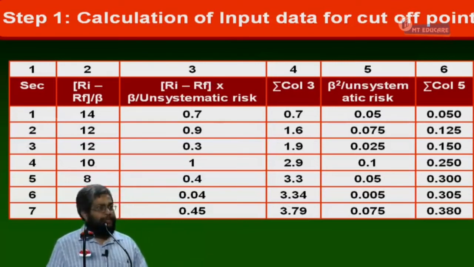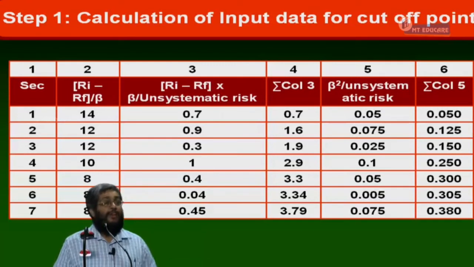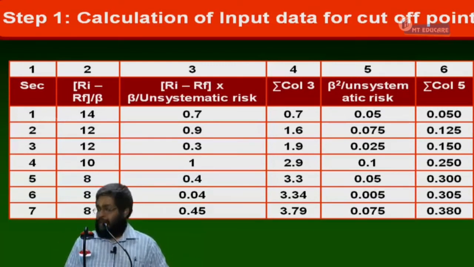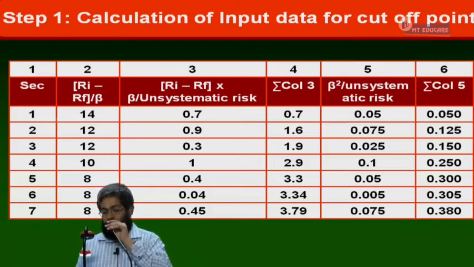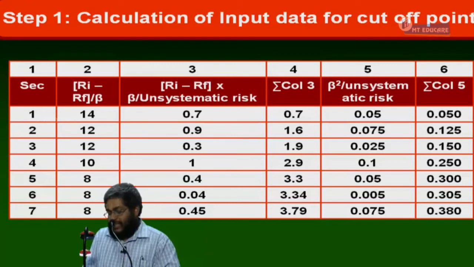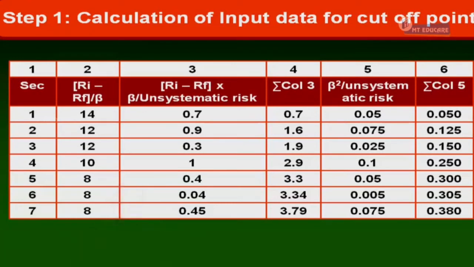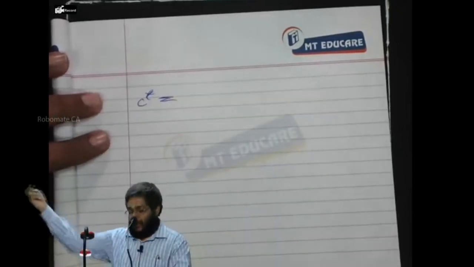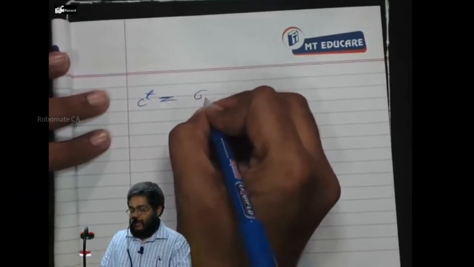Step number 3, how to calculate C star for that required input data. Let us know by heart the formula for C star. Cutoff point is equal to, tell me the formula.